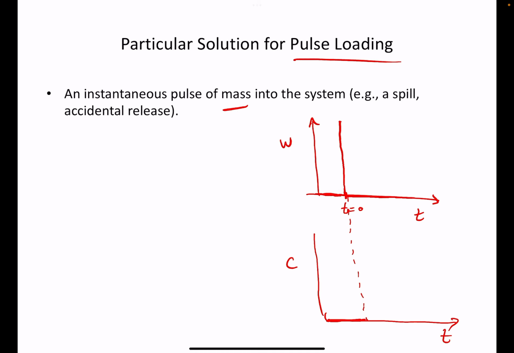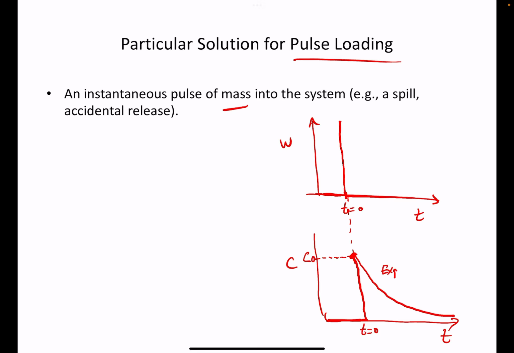And just like that, because of the pulse, the concentration increases to a certain value. Let's say this is C naught, the initial concentration at time equal to 0, the time of the accident. And then later on, you will have an exponential decay of the concentration until it reaches 0.